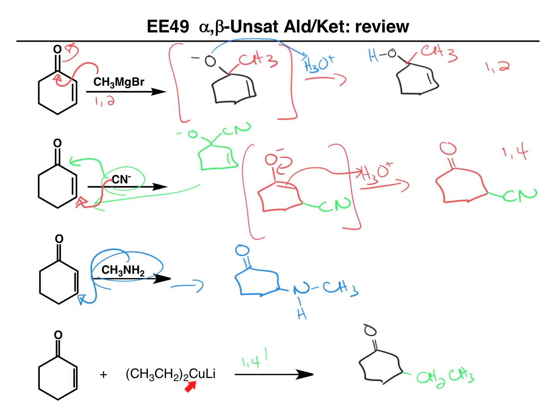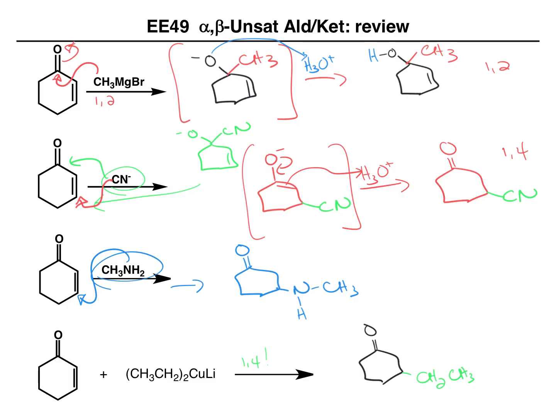So using the cuprates, this is a nice complement to using a Grignard reagent or an organolithium. With a Grignard reagent or organolithium reagent, we're going to get 1,2 addition of some alkyl group. With a cuprate, we are going to get 1,4 addition of an alkyl group. And so they complement each other nicely.